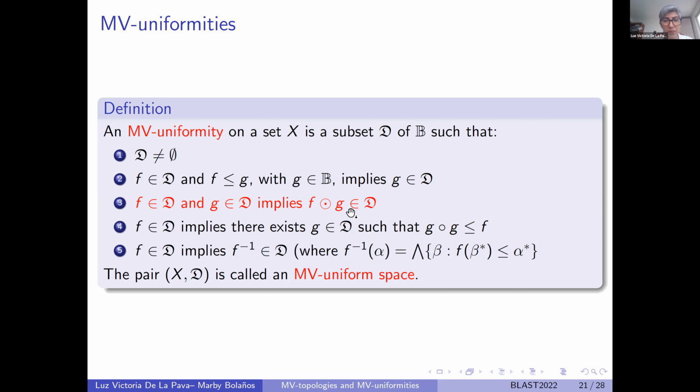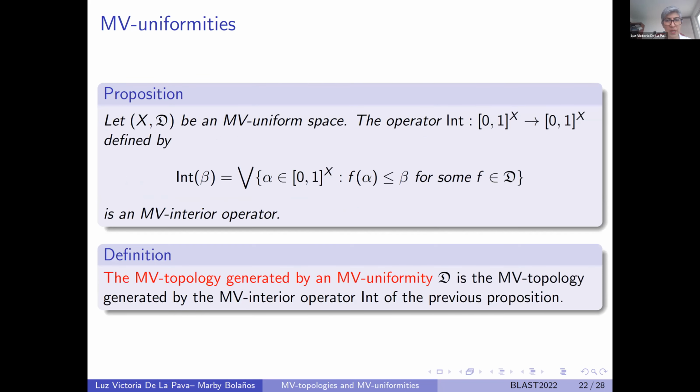We add this condition for the compatibility with, again, MV topology. So we validate this definition with some results. For example, this proposition, we prove it and we use it to generate a topology from the uniformity.